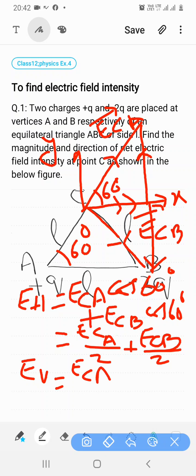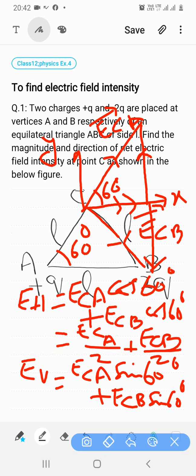ECA sin 60 degree plus ECB sin 60 degree.